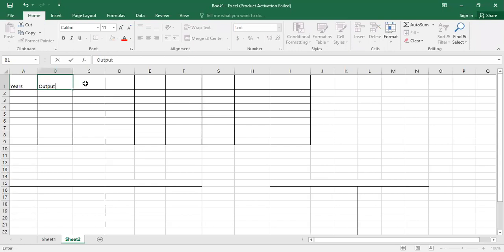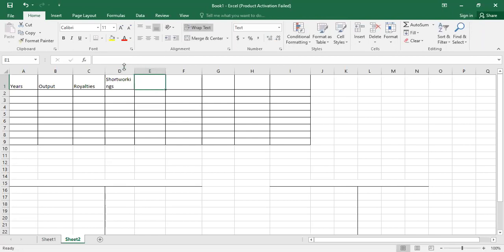Then the next column will be the royalties. Of course, we'll be multiplying the output with the cost of 1 ton, which we've been told is 10,000. So that will be our royalties. Then we have the short workings.